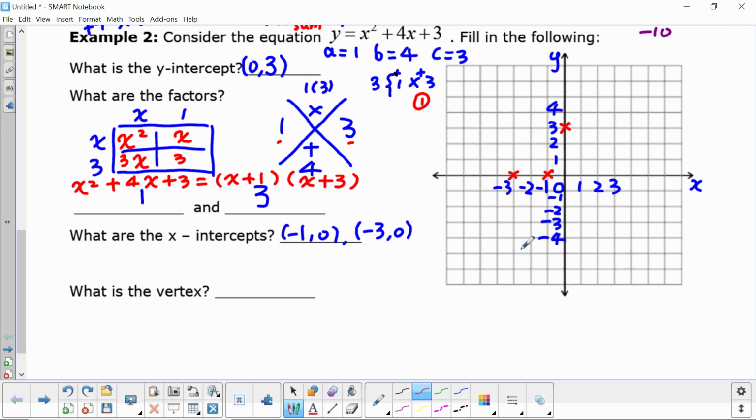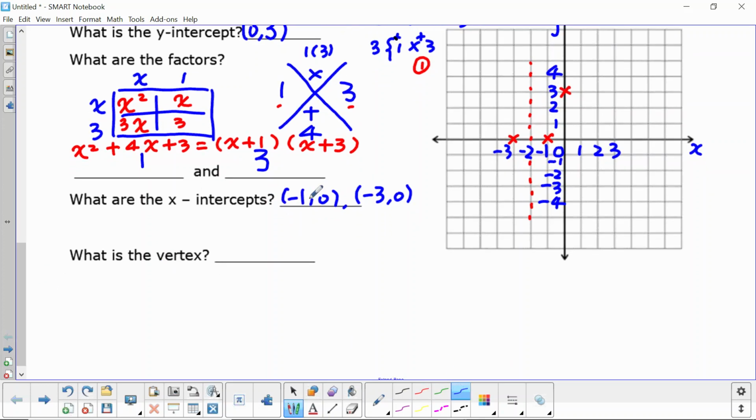Then we have learned that from the x-intercepts we could find the axis of symmetry, which is at the middle of the two zeros. So we are going to find the middle of these two zeros.